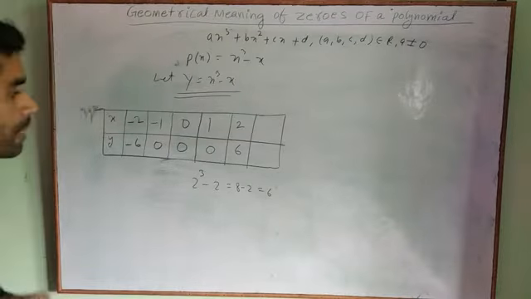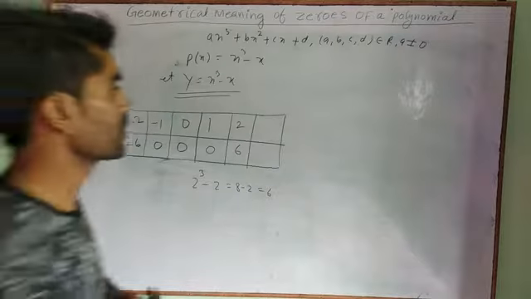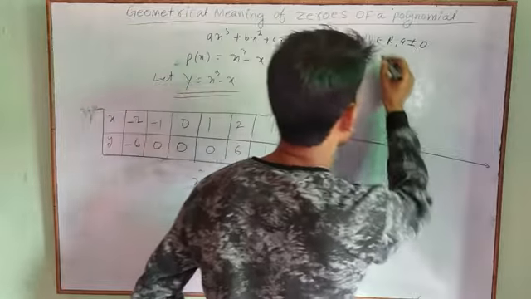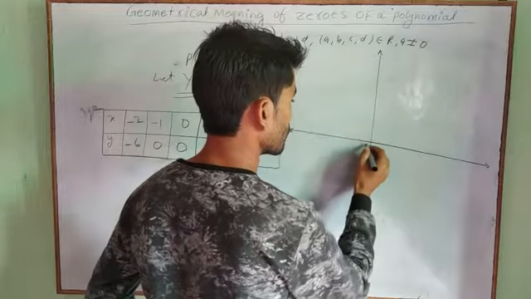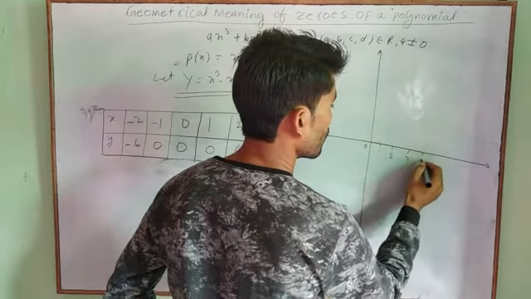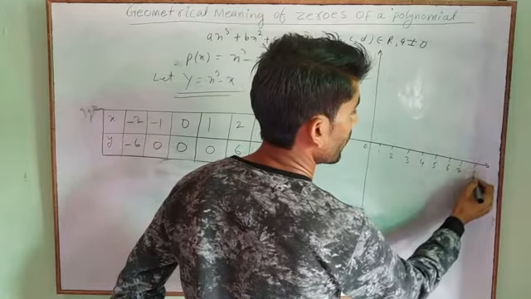Okay. Now let's draw the graph for these values. So here we have zero. This is 1, 2, 3, 4, 5, 6, 7, 8. Right?